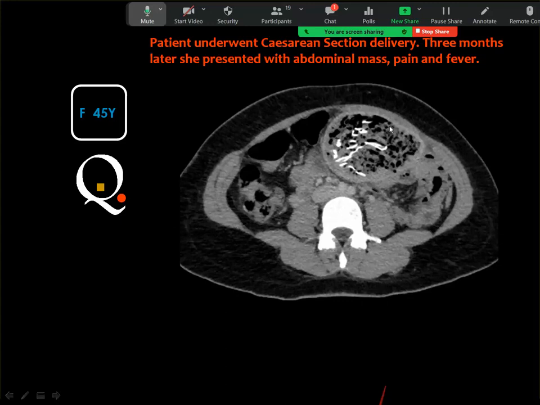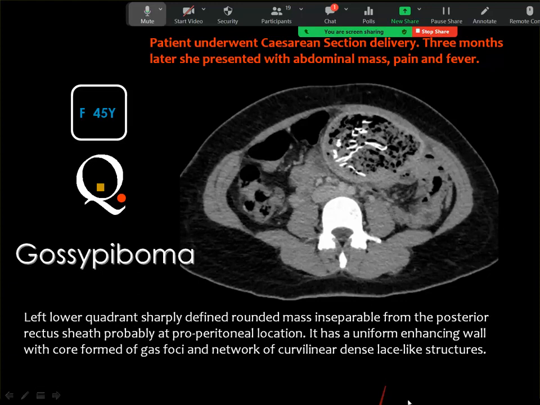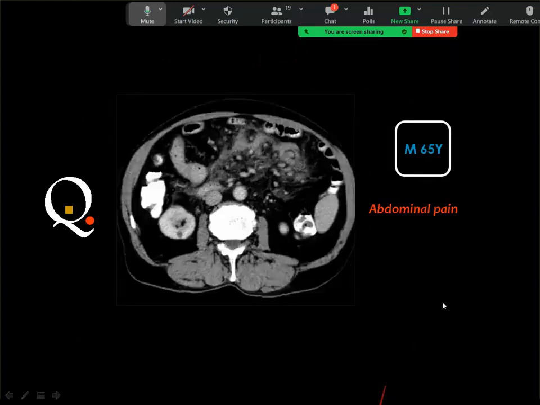Then you got air entrapped between the meshes of the retained gauze, and you got a significant inflammatory reaction resulting in what looks like a wall, but this is inflammatory granulation tissue surrounding the retained gauze, and this is gossypiboma. Next case.